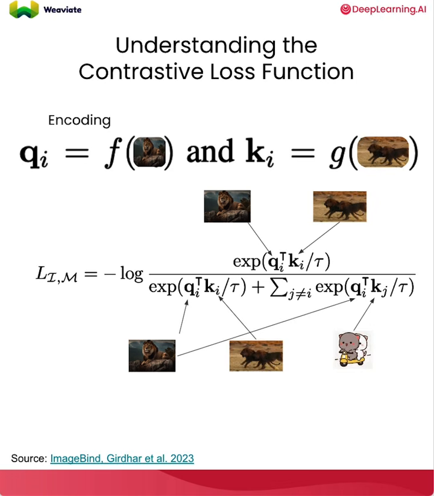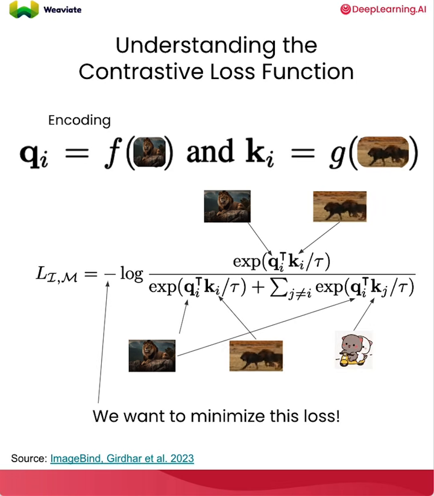And up front, you have a negative on this loss function, which means that you actually want to minimize it. And by minimizing this, the positive video embeddings will be pulled closer to the anchor image embedding, and the negative video will be pushed away from the anchor image. You can do this for all the modalities one by one, for audio, for text, for video, and many more. And this is what they did in the ImageBind paper.